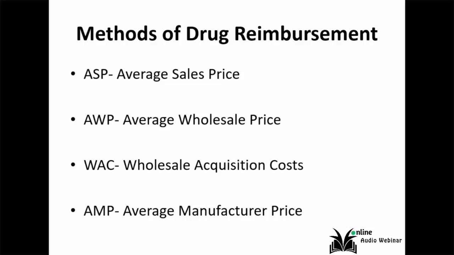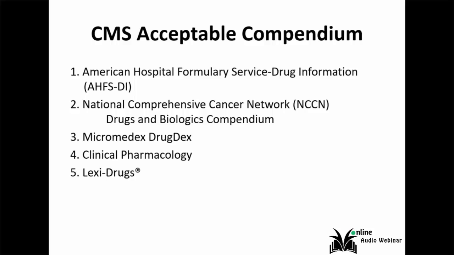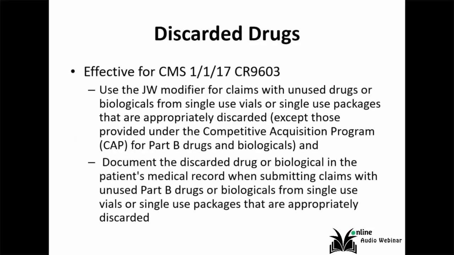These are the different methods of drug reimbursement. Also, when it comes to the chemotherapy drugs, from a Medicare perspective, there are currently 5 acceptable compendiums: the discarded drugs, and what needs to be done when in fact you are utilizing a single use vial and you're not utilizing all of the drug.